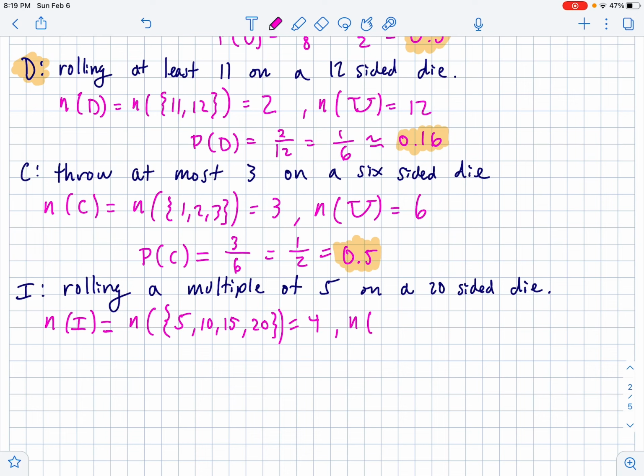So that's 4 different ways you can get that. And all the different ways you can roll a 20-sided die is 20 different ways. So the probability of I is equal to 4 out of 20, which is 0.25.